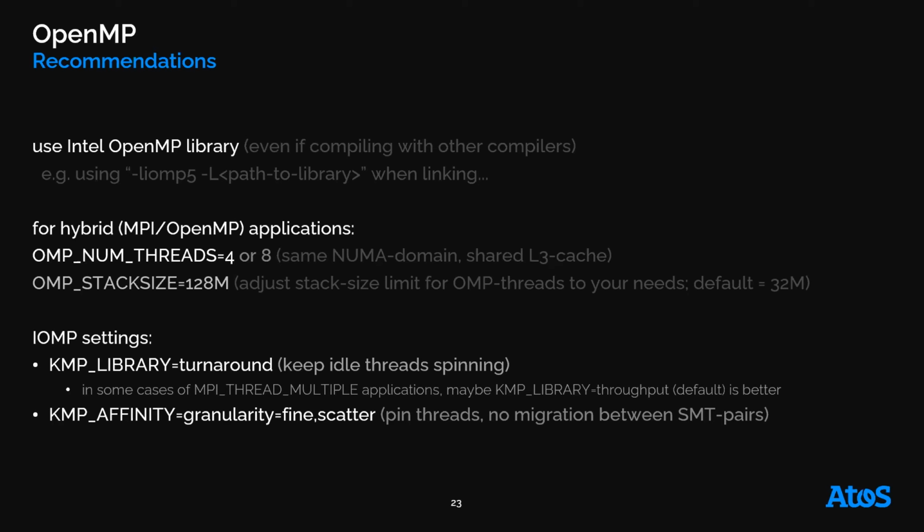So if you want to have a code that exploits MPI and OpenMP and is good at it, you may use up to 8 threads, using 8 physical cores, sharing the same level 3 cache.